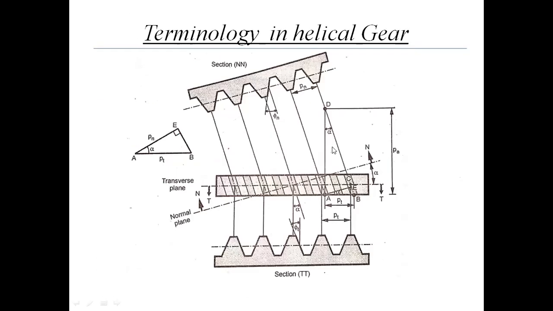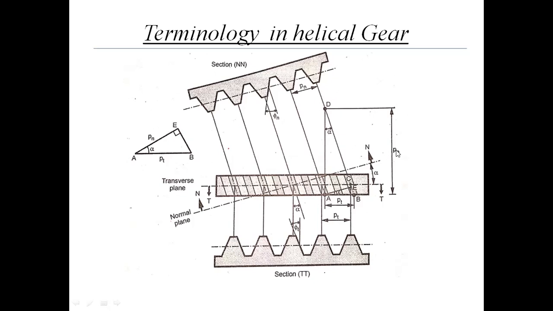Tan alpha is equal to AB upon AD. This will become the hypotenuse, so opposite side divided by adjacent side, AB divided by AD. And what is AD?